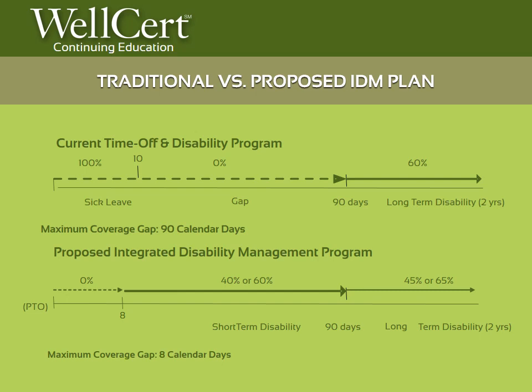So you could say essentially that the last 8 days of your PTO were used in a way that would really start the clock, so to speak. And then 40 to 60% coverage, that short-term disability policy kicks in, and then the long-term disability policy kicks in. So the maximum coverage gap would be 8 calendar days.